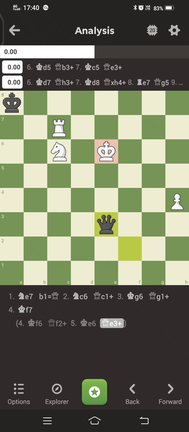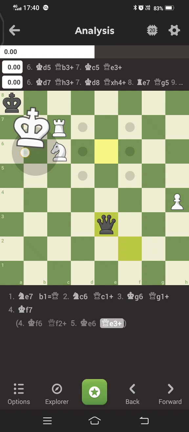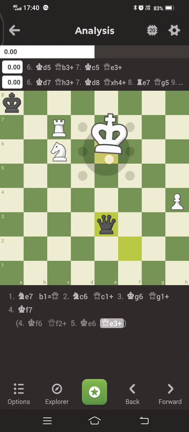Now an interesting option for white is whether to corner the black king further by coming down this file and occupying these squares, or going to c8 and occupying that square.